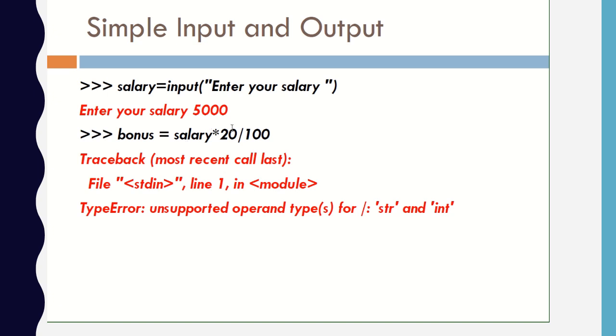My formula is correct, but since it is string type, the asterisk and slash are not operated, so the error will be displayed: unsupported operand type for string and integer, meaning a string and an integer are being operated on at the same time. This is not allowed because 5000 is treated as a string, since in salary you entered a string.